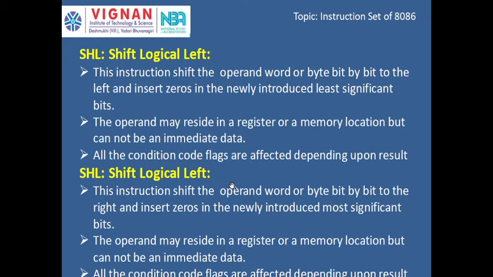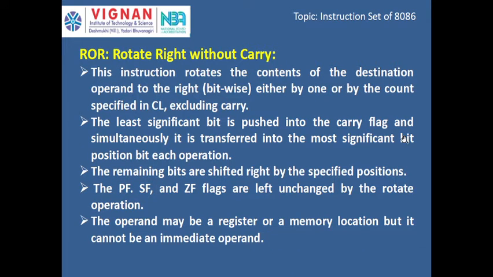Here the LSB is pushed into the carry flag and simultaneously it is transferred into the MSB position. Therefore, the LSB is shifted to the carry flag and the same LSB is moved to the MSB position. The remaining bits are shifted right by the specified position.